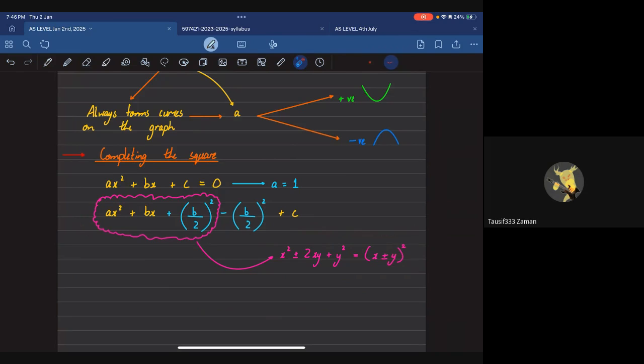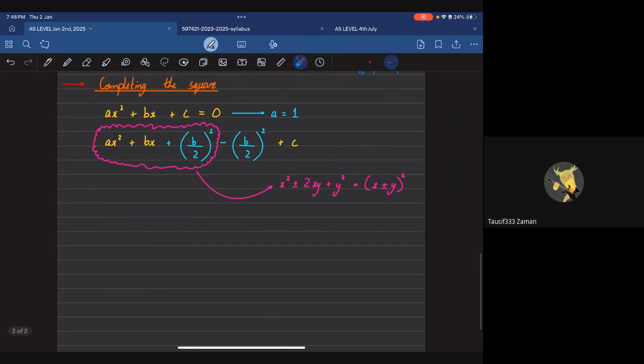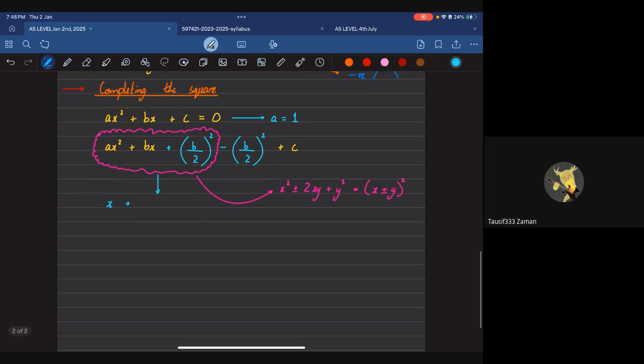Knowing this, I can simply solve this further. Only this part, I can write it as X plus or minus, whatever it is. By the way, it can be plus or it can be minus, both sides. It depends on the question itself.